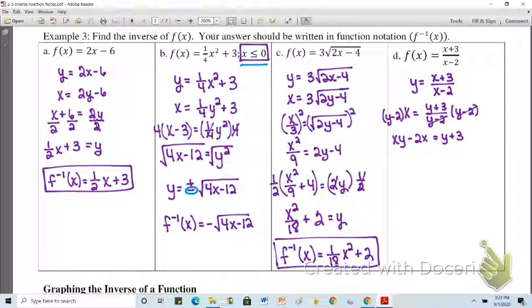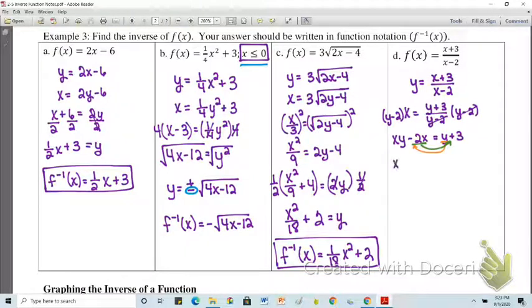To make this work, I need to have y's on one side and everything else on the other. So that means I'm going to move this y over here algebraically, and I'm going to move this negative 2x over here algebraically. And you can do this in 2 separate steps. I'm going to do it in one, but I'll use the colors so I don't confuse you.